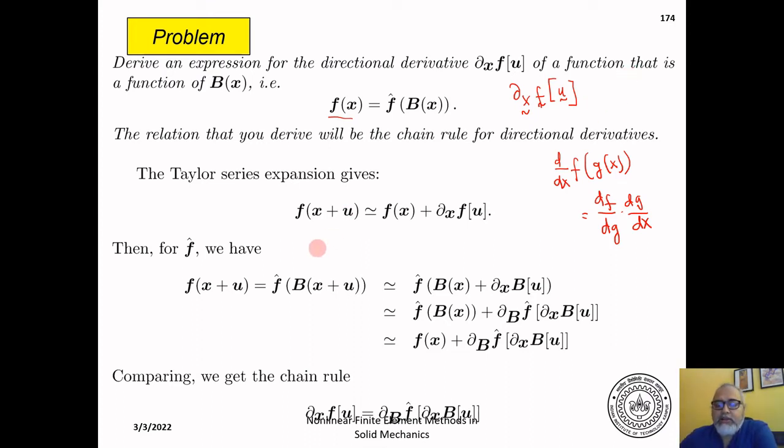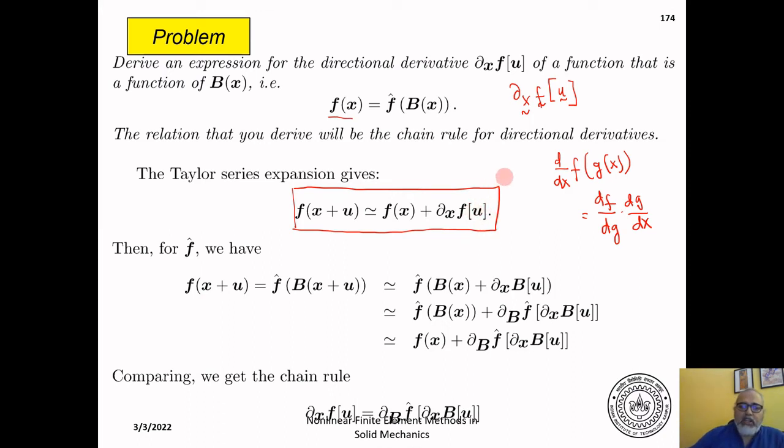Now, we have already seen this expression. This is the Taylor series expansion of x plus u, which is f of x plus the directional derivative of f at x in the direction of u.